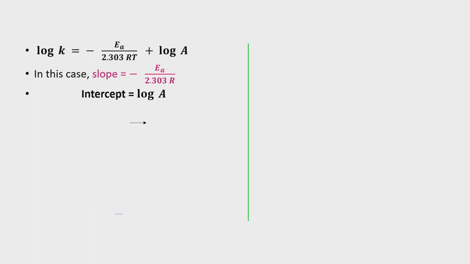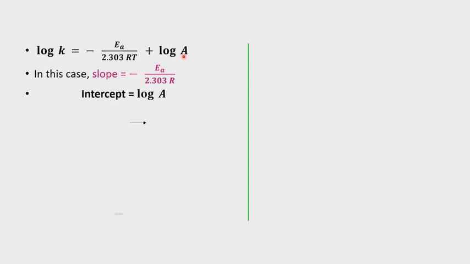In terms of log, earlier we used ln, but here we are going to use log. log k equal to minus Ea by 2.303 RT, this is the extra 2.303, plus log A. Both formulas are the same, but the earlier one is in terms of ln, log base e, and this one is in terms of log base 10.